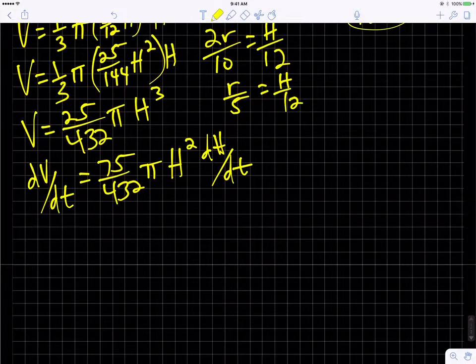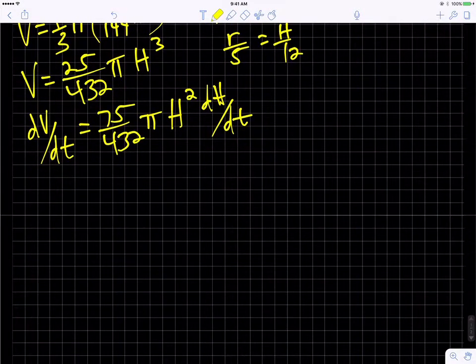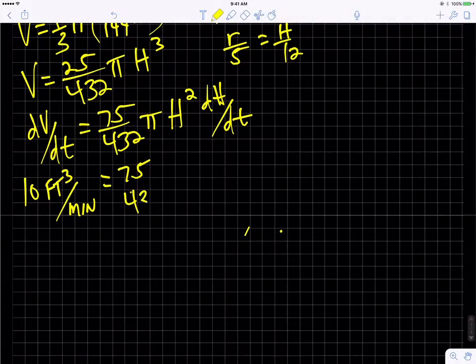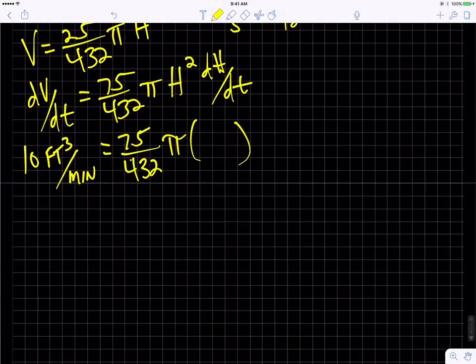So now I can plug in my variables. The dV/dt was 10 cubic feet per minute. The h was, when h was 8 feet.